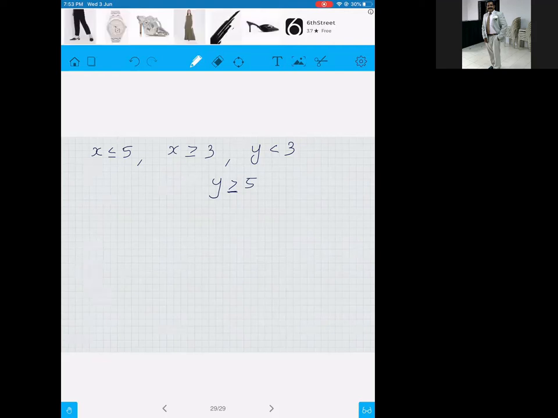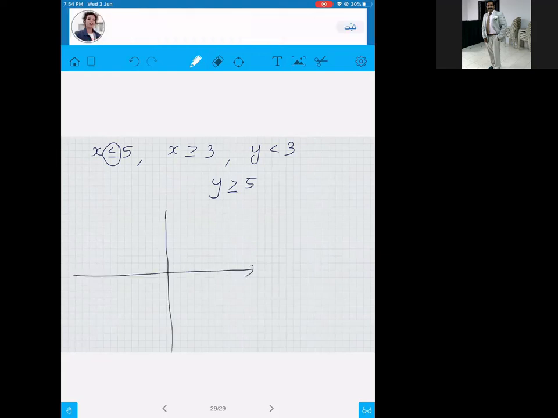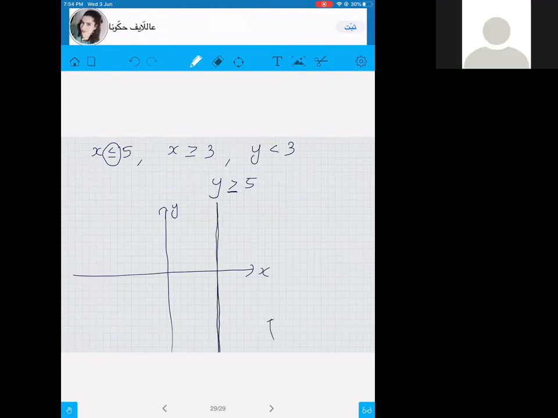So x less than or equal to 5 means first we have to draw a line at x equals 5. Since it contains less than or equal to, we have to draw a bold line. So this is x and this is y. x less than or equal to 5 means we draw a vertical line, bold itself. Then less than means this region.